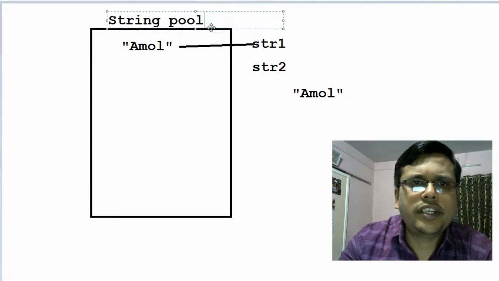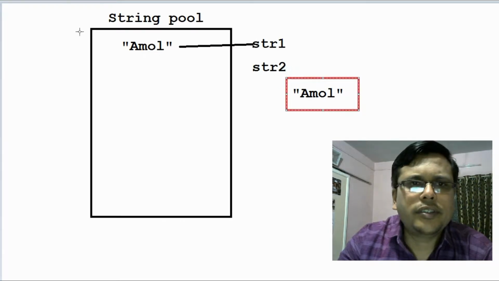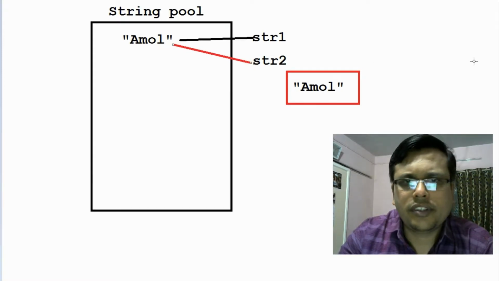If the string is already present, then it will not create another object. It will simply point str2 to this.